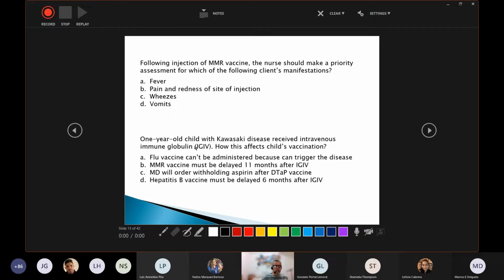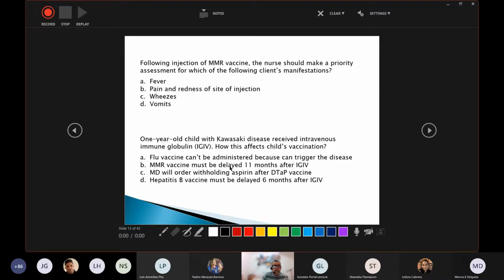So the problem with the immune globulin are the live viral vaccines, and the only live viral vaccine that we have here is MMR. So the best answer to this question is B, as in boy, because the MMR vaccine cannot be given while receiving the IV immune globulin, because this immune globulin will kill the live virus of the MMR, and there is no reason to give this vaccine if it is going to be killed.